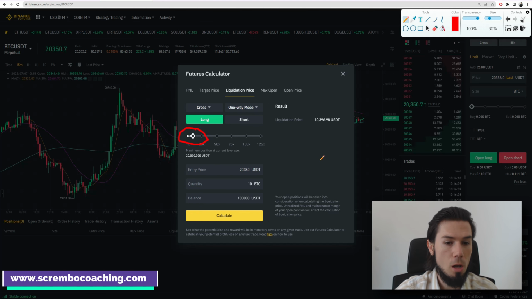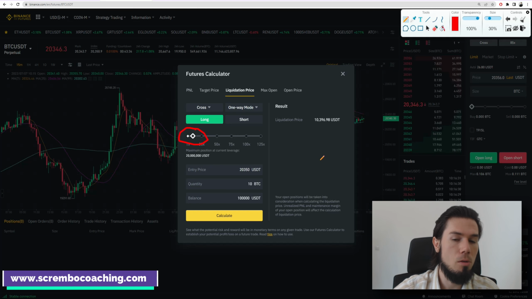What is your leverage? Due to the fact that every single leverage is influencing your liquidation price differently. So the leverage means something in our calculation and influences a lot. The entry price as well, because it's the place from where your liquidation will be calculated.